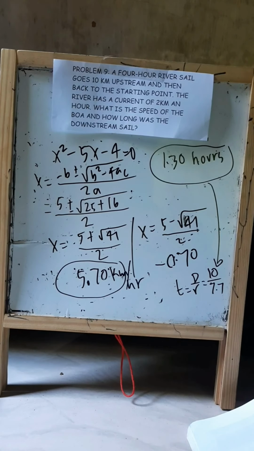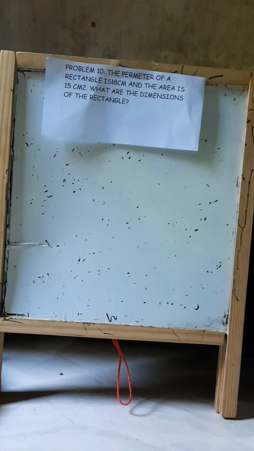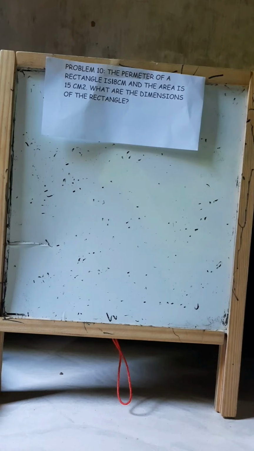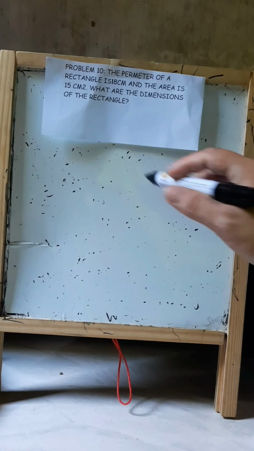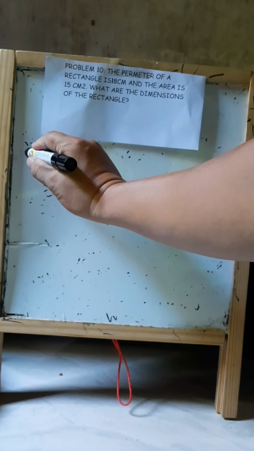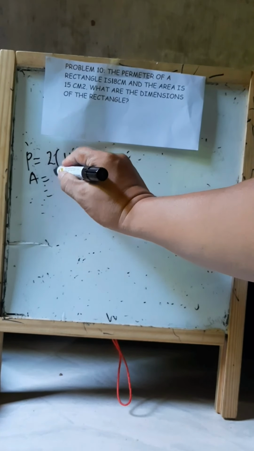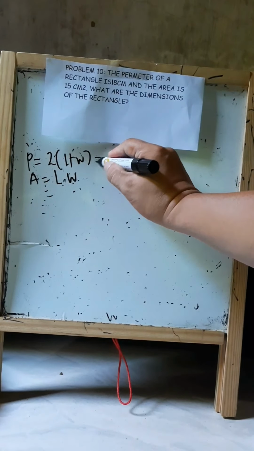We proceed to our last problem. For our last problem, number 10, the perimeter of a rectangle is 18 cm and the area is 15 square centimeters. What are the dimensions of the rectangle? So we know that the formula for the perimeter of a rectangle is 2 times length plus width, while the area is length times width.